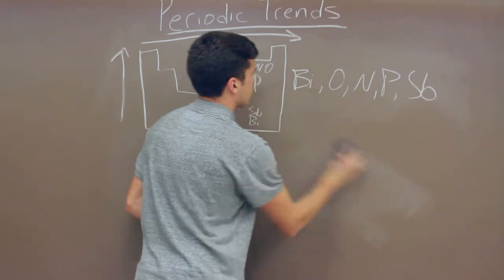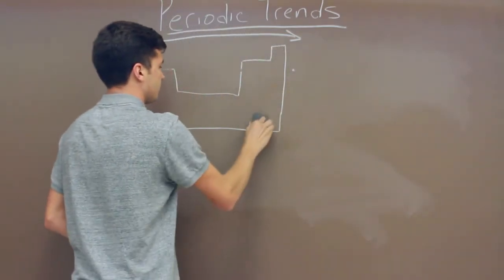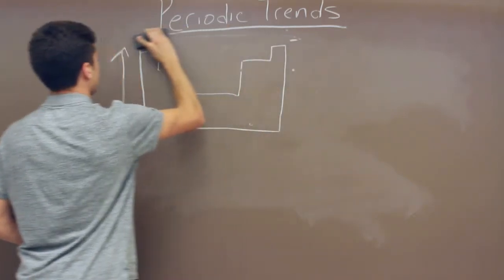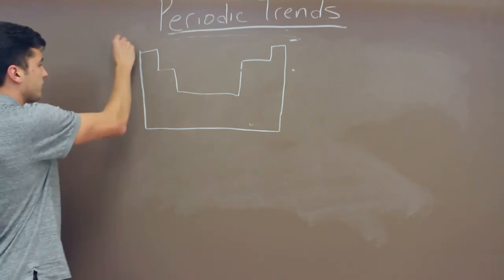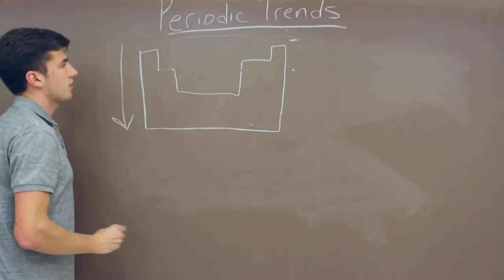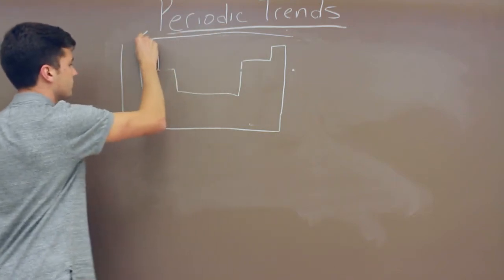Next, we'll look at atomic radius. Atomic radius has a different trend than these two. Atomic radius increases as you're going down the periodic table and also increases as you're going from right to left.